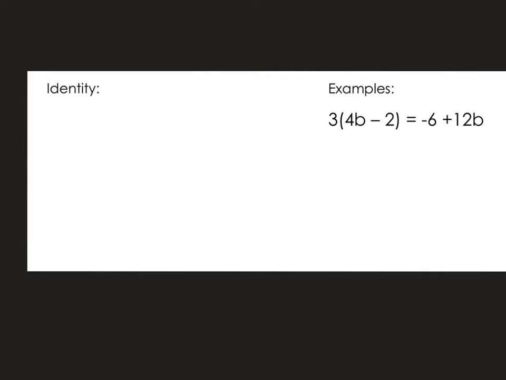So I'm going to start with my parentheses and multiply that out so that we can continue to solve. So 3 times 4 is 12, so this would be 12b. 3 times a negative 2 would be a negative 6, equals negative 6 plus 12b.